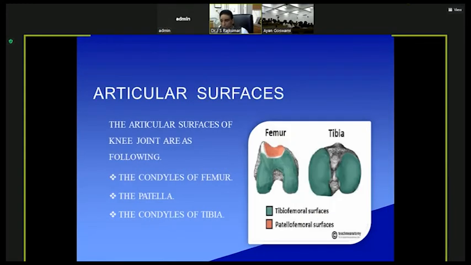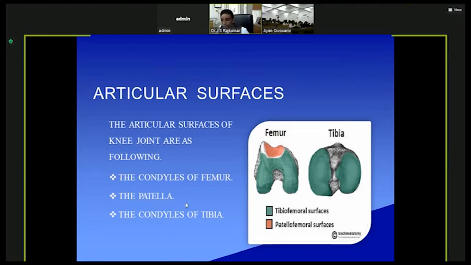Then we move on from there to the articular surfaces of the knee joint. We can see that this is the tibial articular surface, and this is the patellofemoral articular surface. If you look at the femur from below, the inferior surface, you will see the condyles, the green part, which is the tibiofemoral articulation, and a little bit on top in front, the patellofemoral articulation.